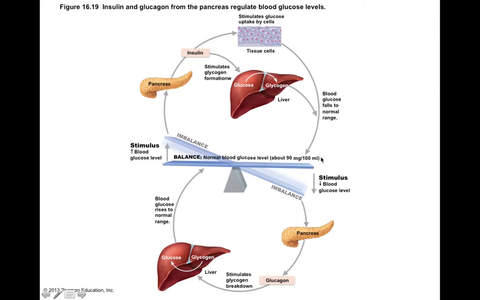You don't need to memorize this particular value, but it's important to note that blood glucose levels are a homeostatic variable, so we need to maintain pretty normal blood glucose levels. The reason is that cells throughout your body require glucose to function and make new ATP, and especially your brain. So if your blood glucose levels drop too low, then your brain cells don't have enough glucose to function properly.